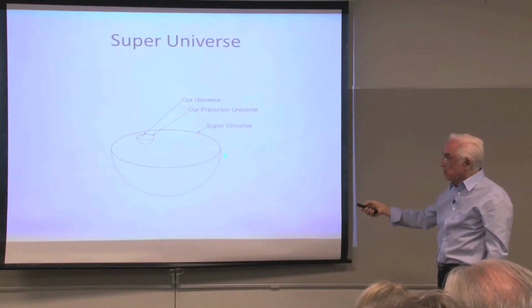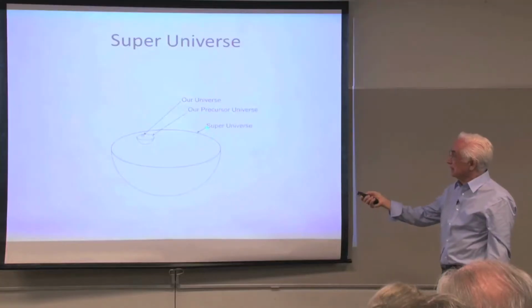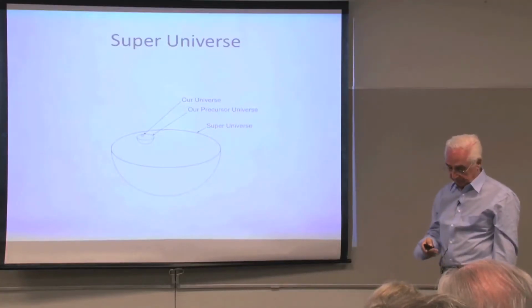Now, using the gumball machine as the model, one of those gumballs is our universe. A subset of the gumballs is the precursor universe, and one of the gumballs in that precursor universe is our universe. And the entire gumball machine is the superuniverse.